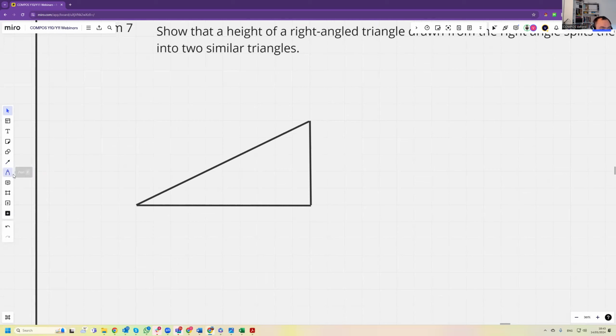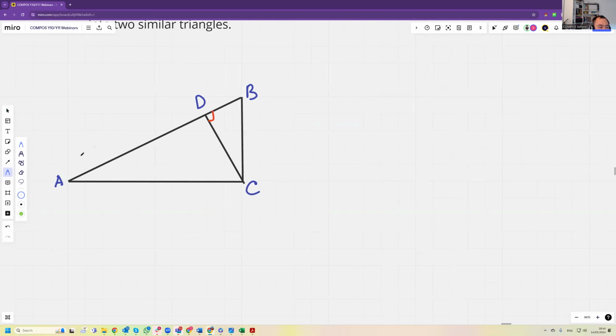And wherever that was, that is a height. So let's call it triangle A, B, C, D. Okay.